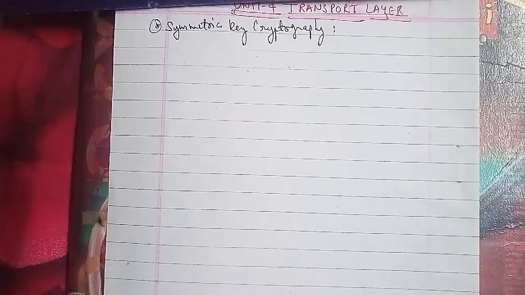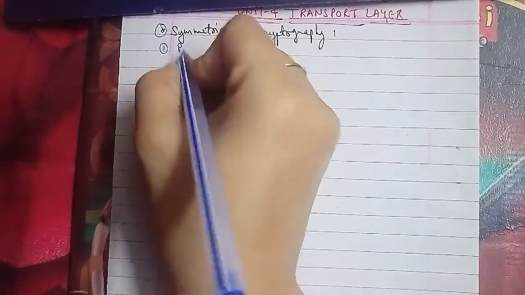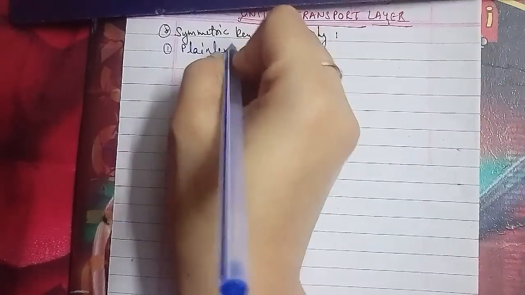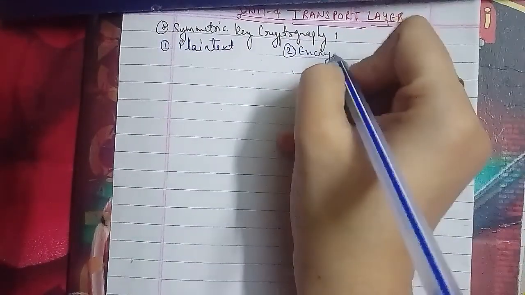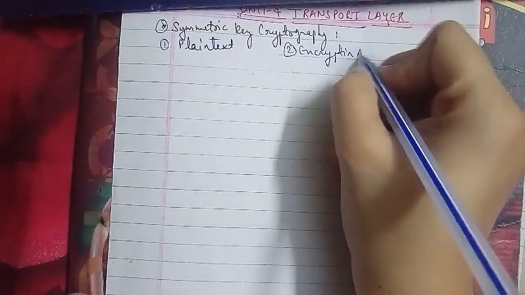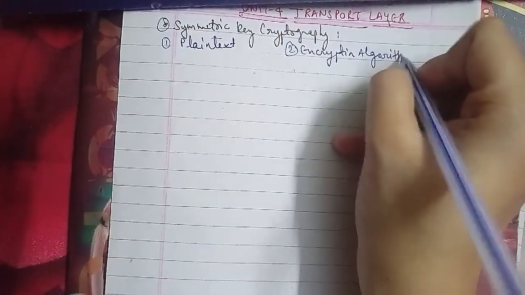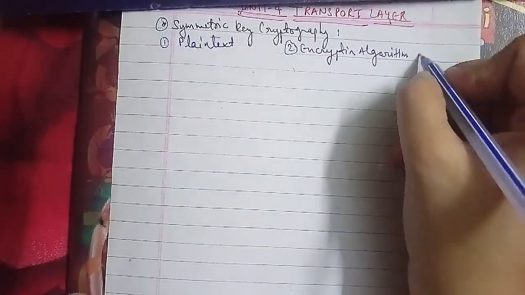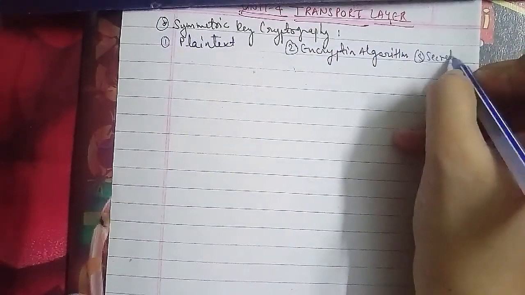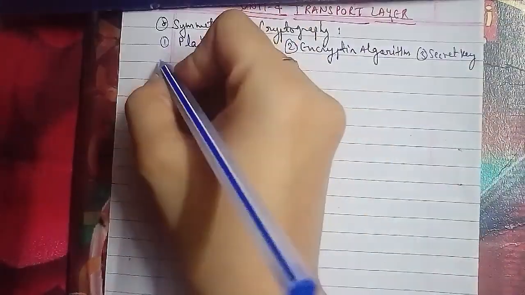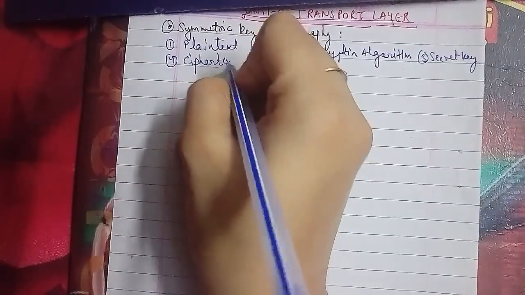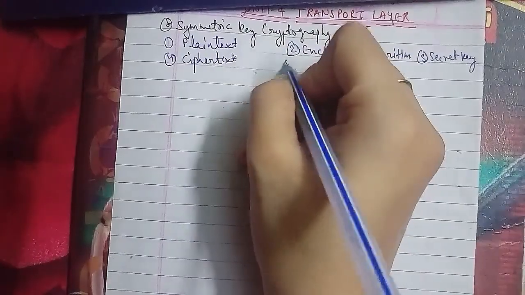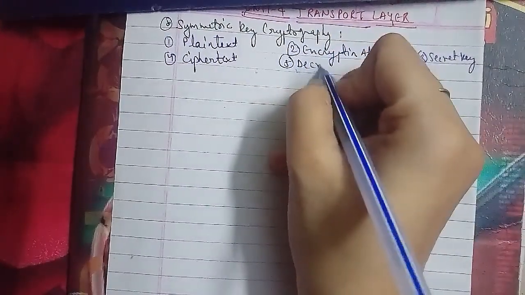The first is your plain text, the second is the encryption algorithm, the third we have is your secret key, the fourth we have here is your ciphertext, and the fifth we have is the decryption algorithm.